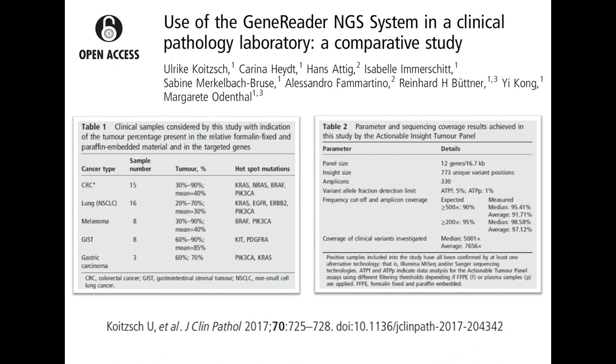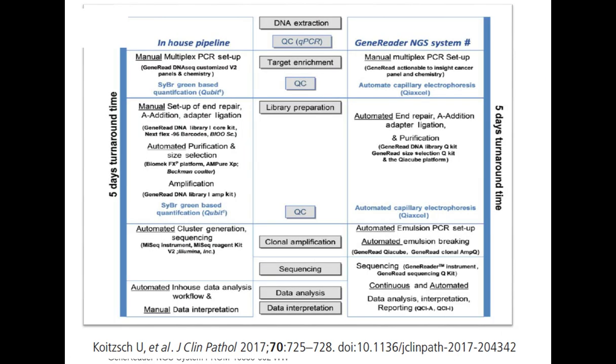Solid tumors coming from different pathologies such as lung, colon, gastric carcinoma, and melanoma too were included in this comparative work. The panel used on the GeneReader was the Actionable Insights Tumor Panel described previously.